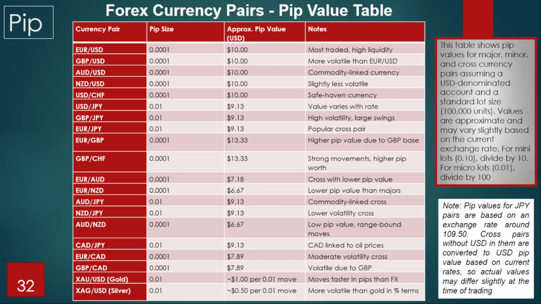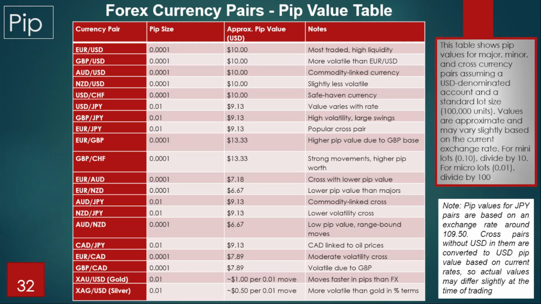We all know that Euro USD is the most traded and has very high liquidity. GBP USD is more volatile than Euro USD. AUD USD is a commodity-linked currency. NZD USD is slightly less volatile.